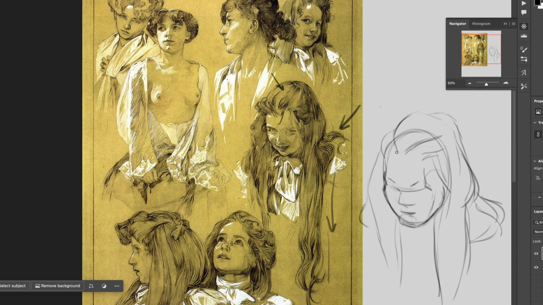It's pretty simple. It's that simple. So what he does is he puts it in as a value. And he's not going all over the place with it. It's very, very controlled.